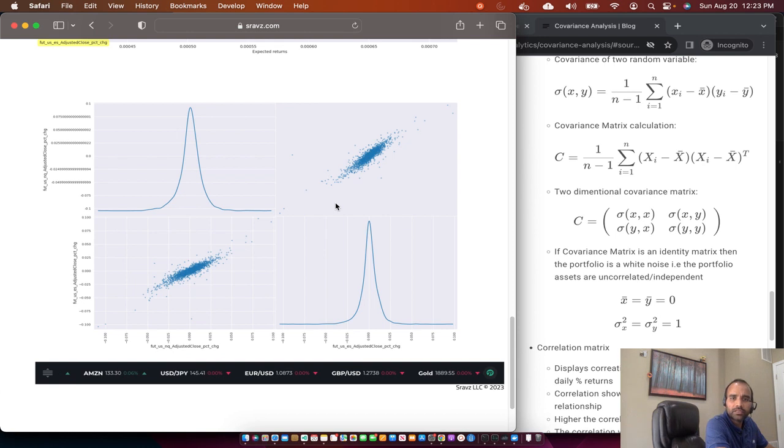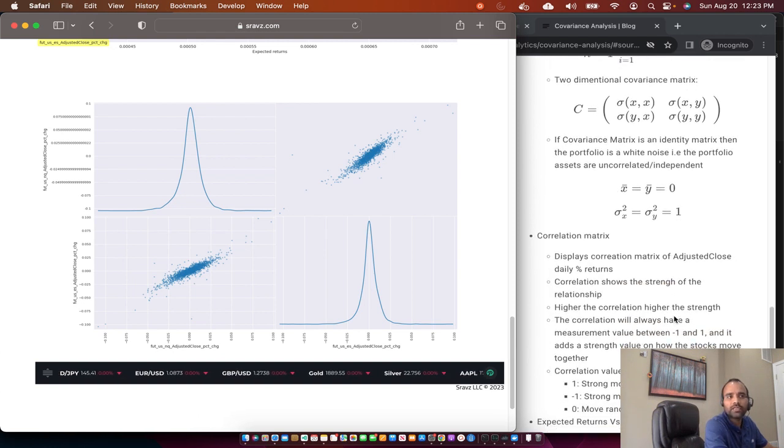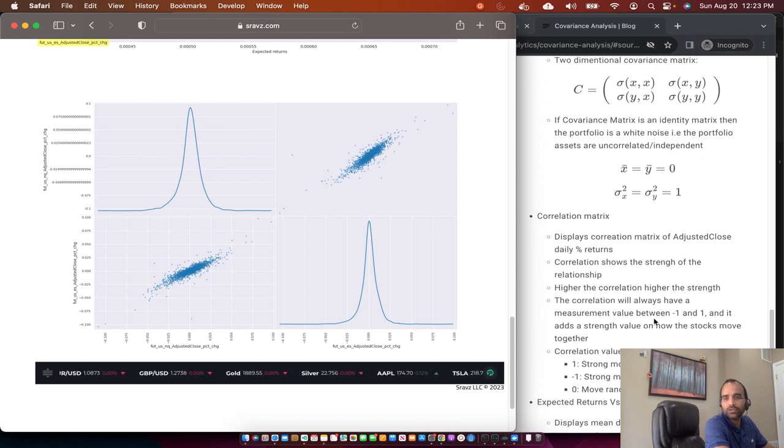Now, covariance gives the relative direction in which the assets move. But if you want to have a quantitative metric, then we use correlation metrics. It shows the relative strength. Correlation shows the strength of the relationship, and it is measured between -1 and 1.